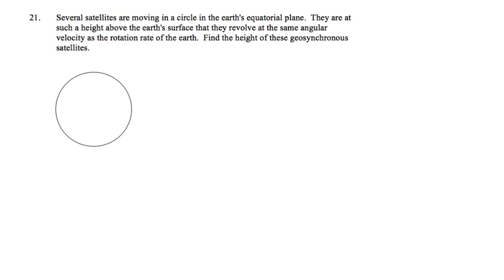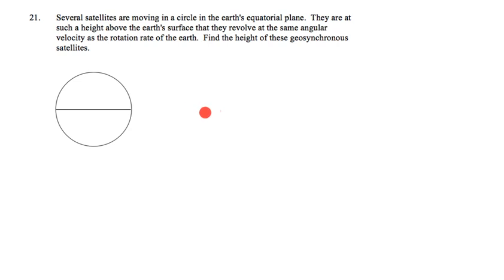So what I mean by that is if we have the equator, then what that means is that all of these satellites are in the equator's plane, meaning that they're going around the Earth, but they're going around within the plane of the equator.